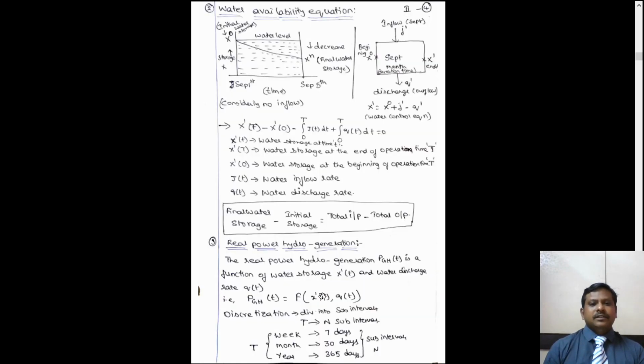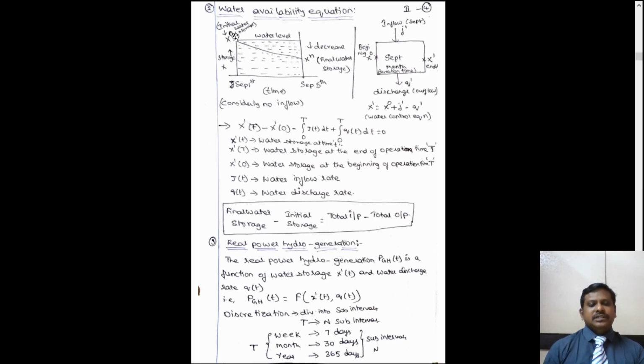Next one, the water availability equation. So consider this figure. For example, this is a picture representing the reservoir water level from September 1st to September 5th. On September 1st, the water level is at X naught. This is nothing but your initial water storage.